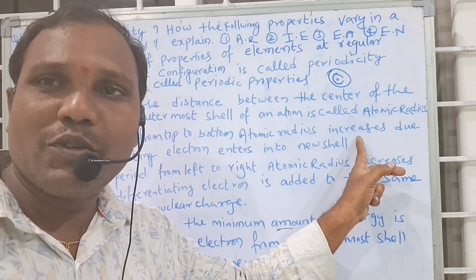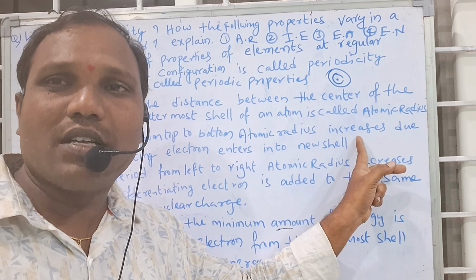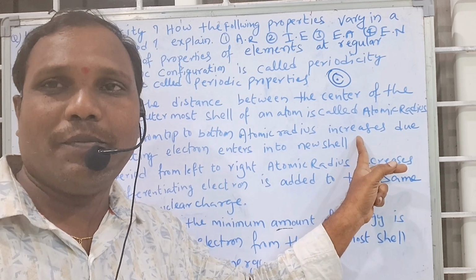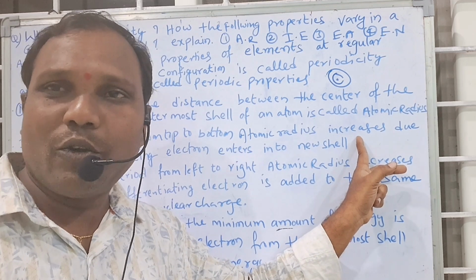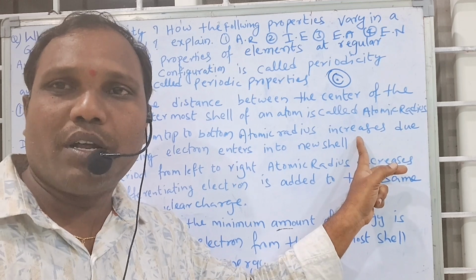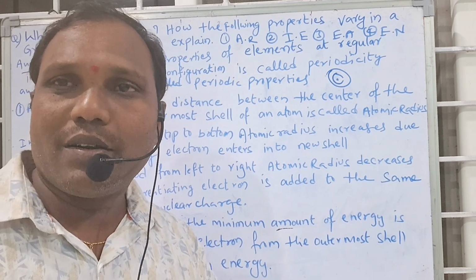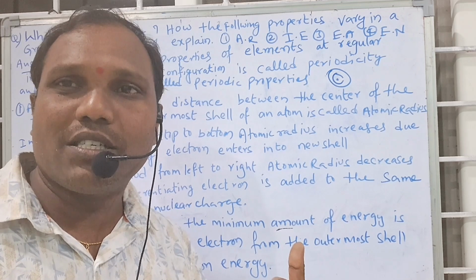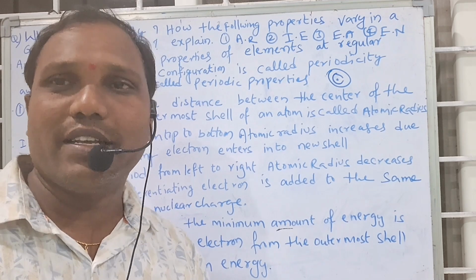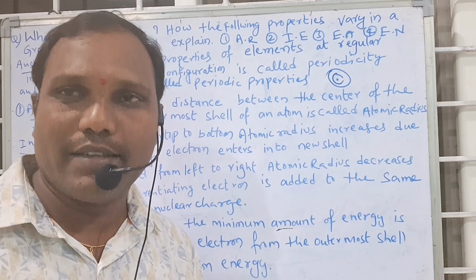This is due to the differentiating electron entering a new shell. Take the first group elements: lithium, sodium, potassium, rubidium, cesium. Lithium's outer shell is 2s1, sodium 3s1, potassium 4s1. Outer shell number increases, so atomic radius increases.